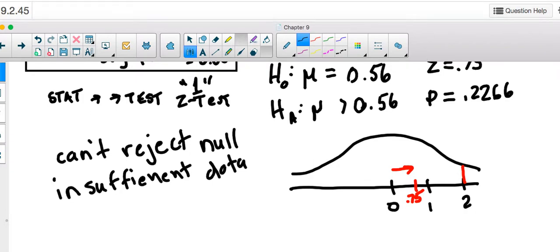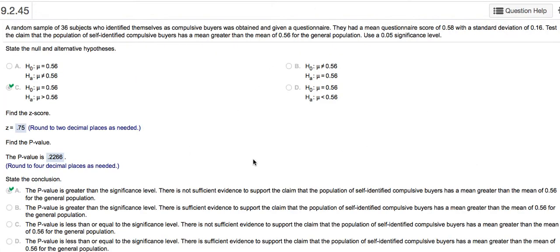So let's go back. Is this it here? Yep. So we're going to state the conclusion: the p-value is greater than the significance level. There is not sufficient evidence to support the claim that the population of self-identified compulsive buyers has a mean greater than the mean of 0.56 for the general population.